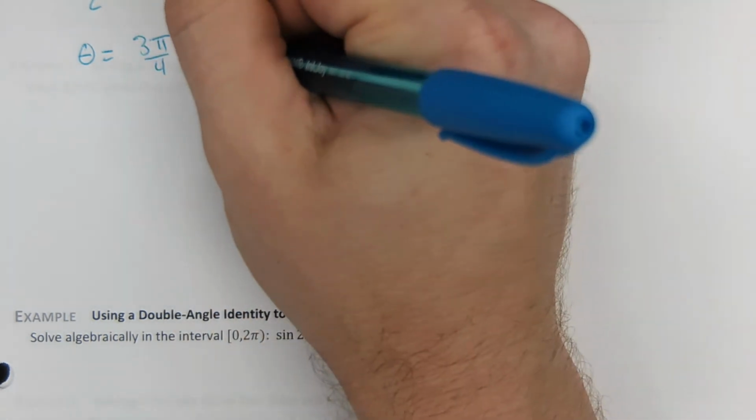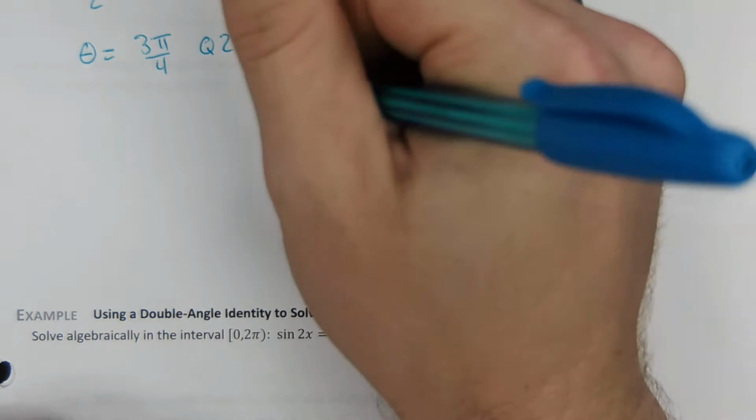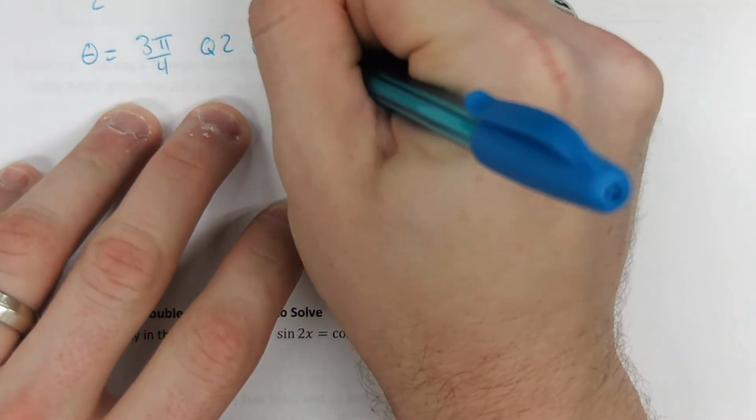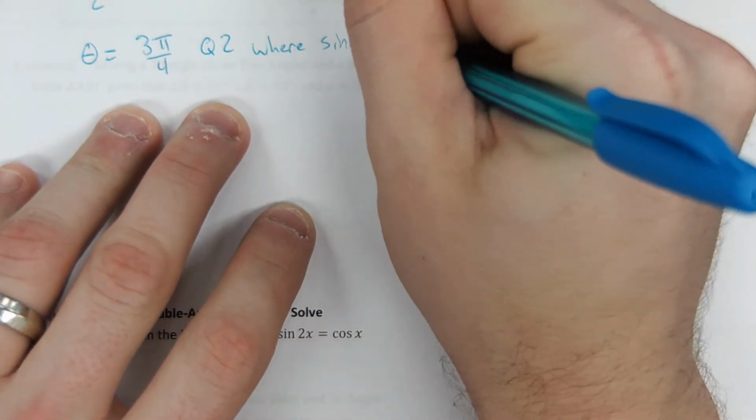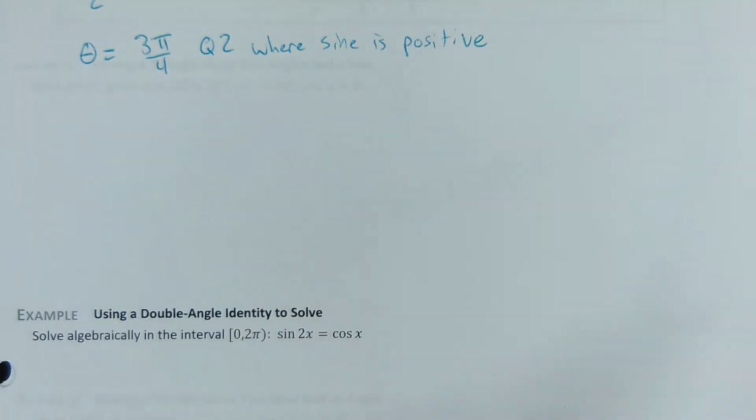That's in quadrant 2, where sine is positive. So when we go to use the half angle identity for sine, we're going to use the positive version of it. You guys cool with that?